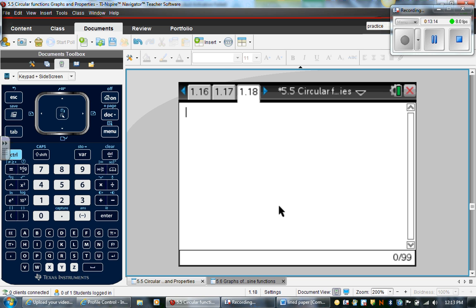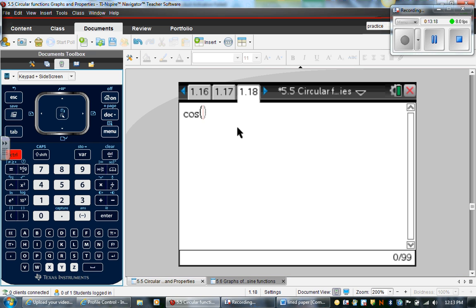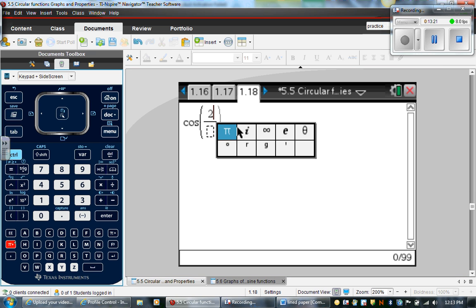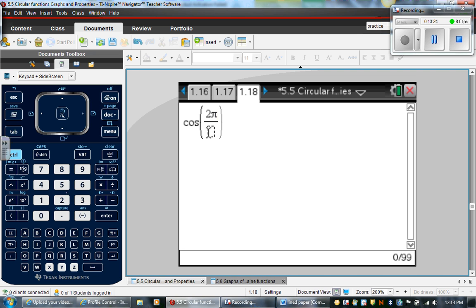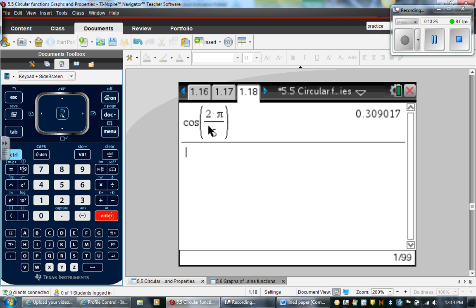Now I can enter the cosine of 2 pi over 5. To the nearest 4 decimal places, it would be 0.3090.